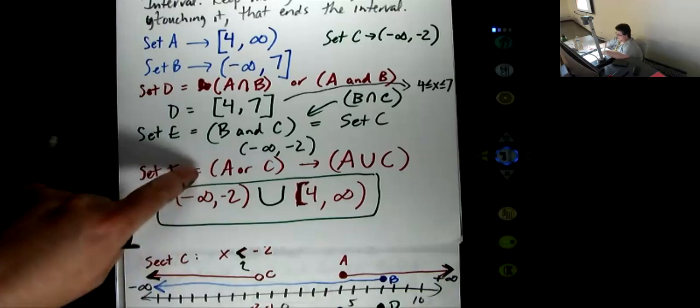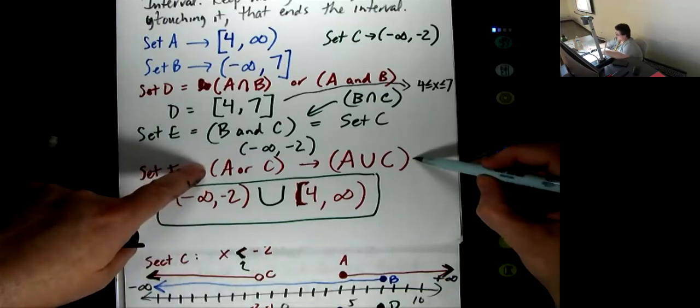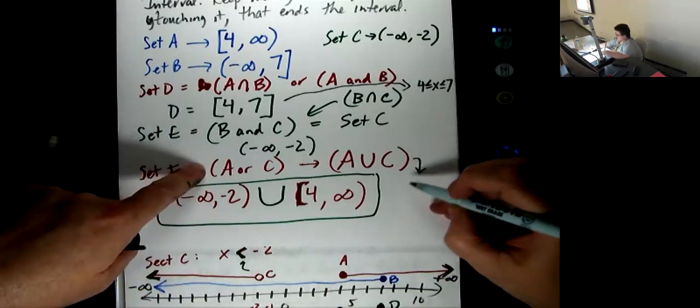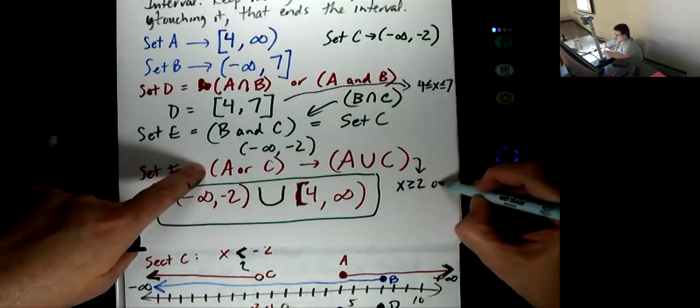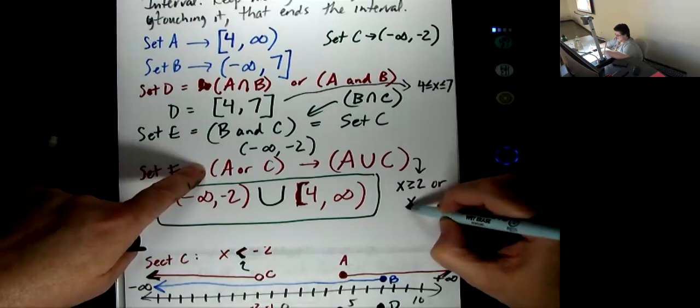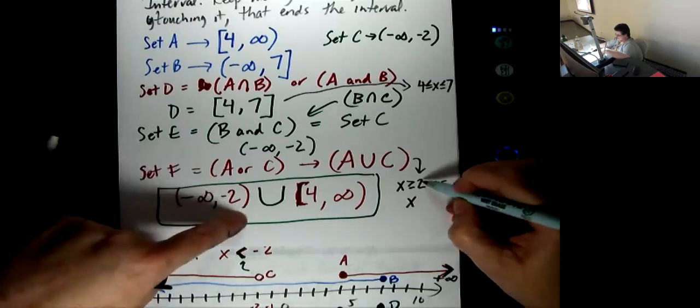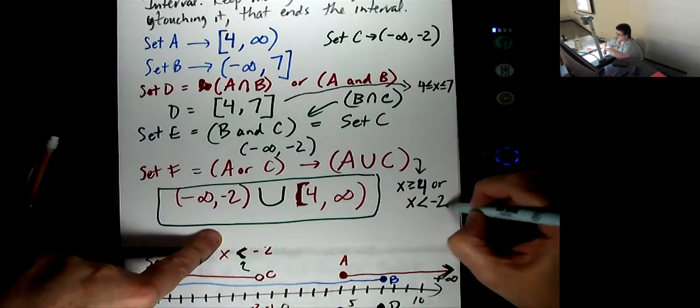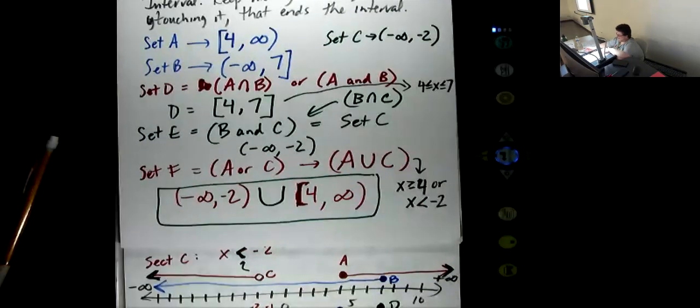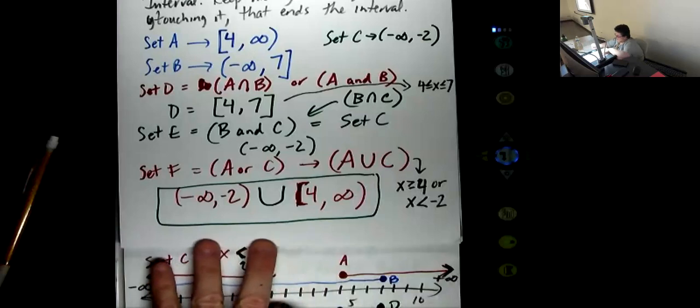The only way to write A or C in set builder notation is X is less than -2 or X is greater than or equal to 4. That would be set builder notation there. They might put it in a different order.